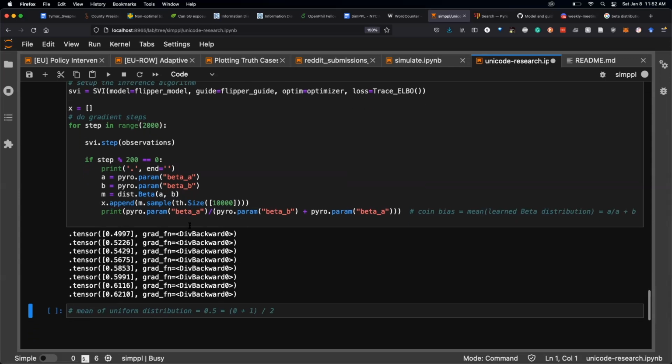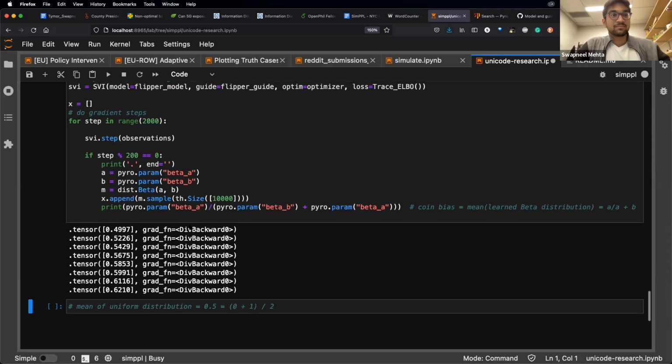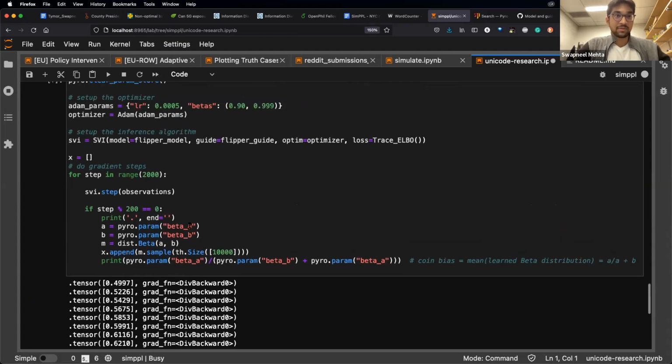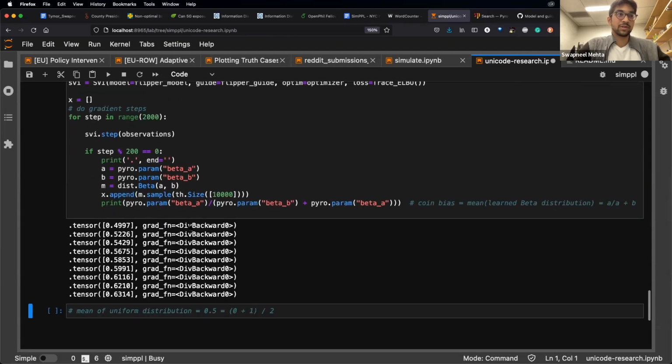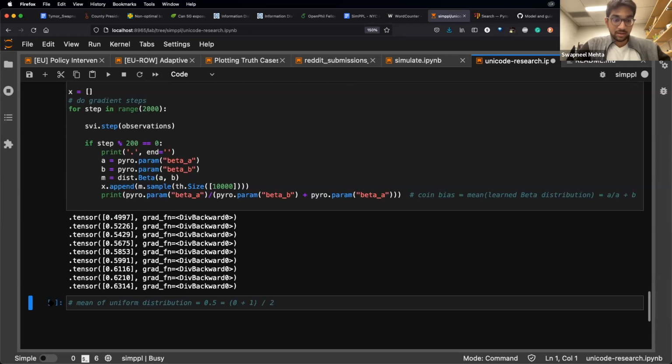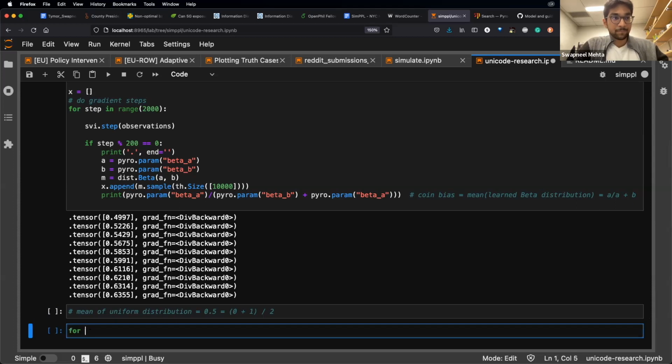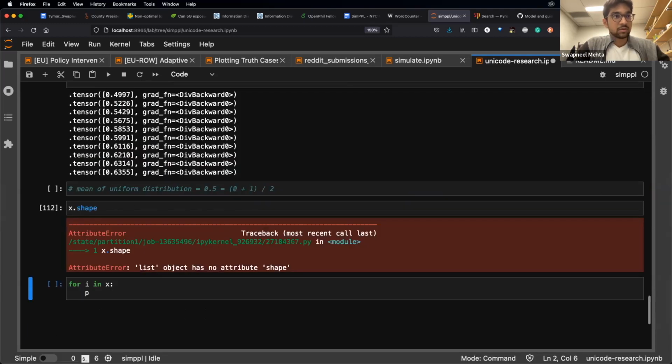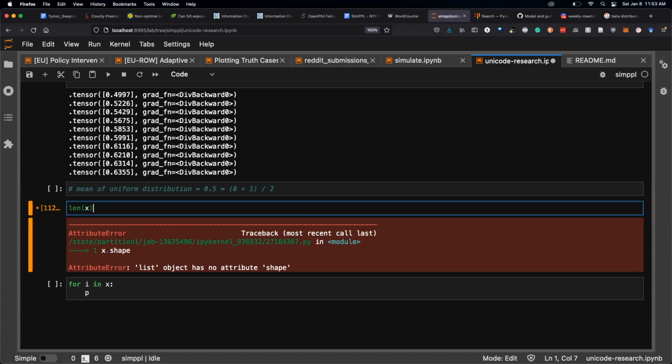Not for this. So, I will share this entire notebook with you all so that you can spend time reading through this and seeing what is going on here. And let's actually, okay, let's see what X was. Oops. X is a list.